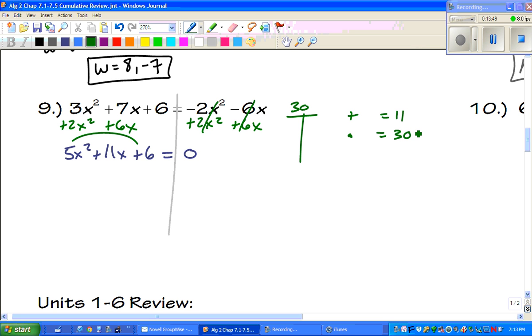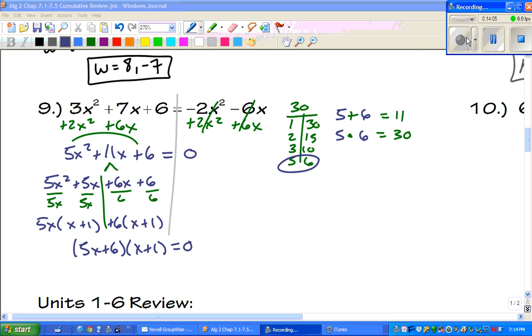Now you guys are all on your own. I'm going to make you factor this, and then I'll come back and let you solve. Okay, so go ahead and pause the video, and good luck. Okay, so when you're done factoring, you should get 5x plus 6 and x plus 1.